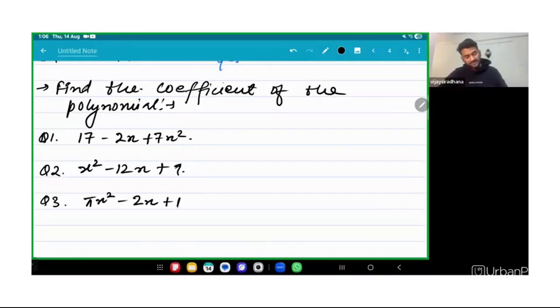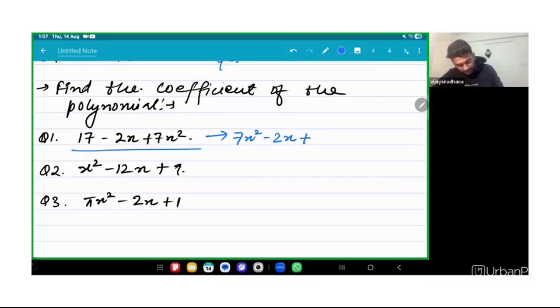So let's break the questions down one by one and find the coefficient. Now, in question number 1, first of all, we need to rearrange the equation. The term with the highest exponent should be written at the front, and at the end there should be the constant.